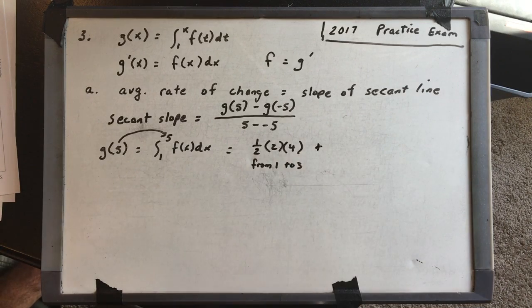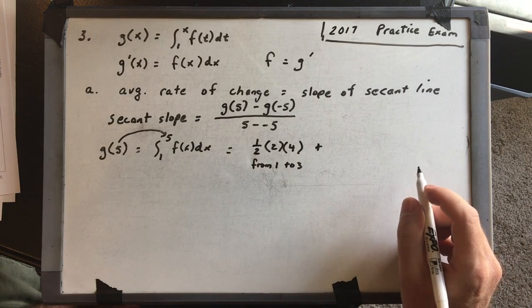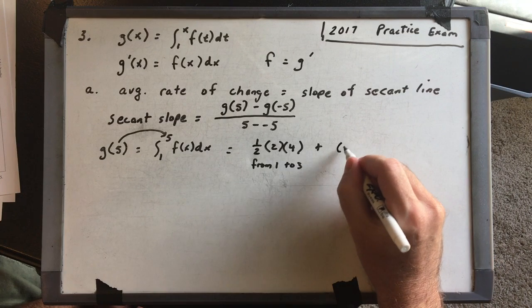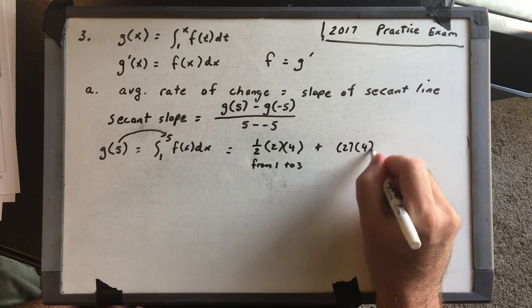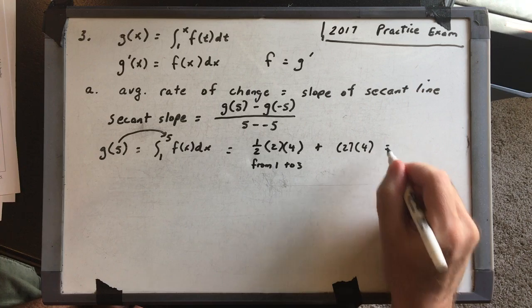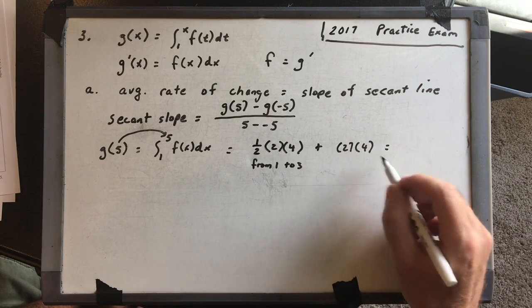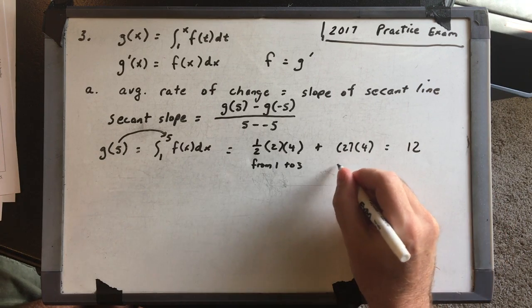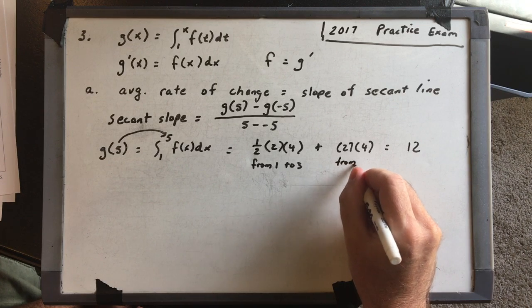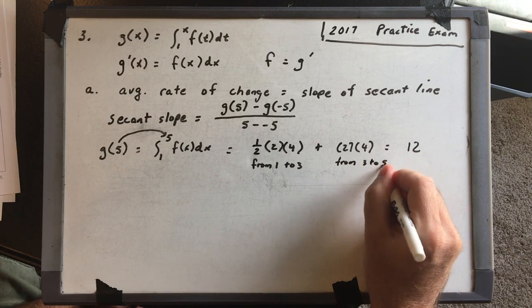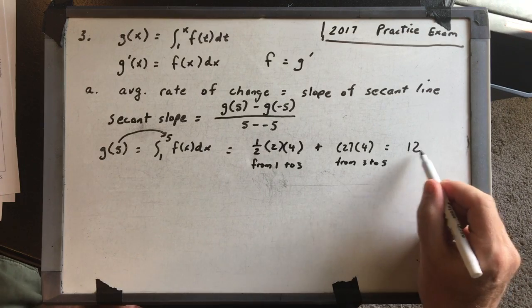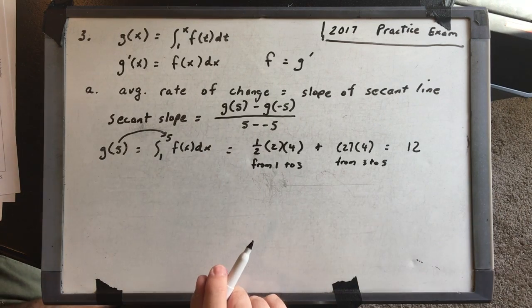And then from 3 to 5, it's a rectangle. So it's just a base of 2 and a height of 4. So that's going to be 4 plus 8, which is 12. So g of 5 is 12. That's not so hard to figure out.